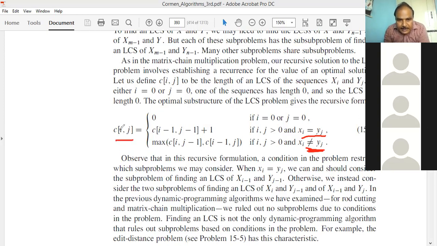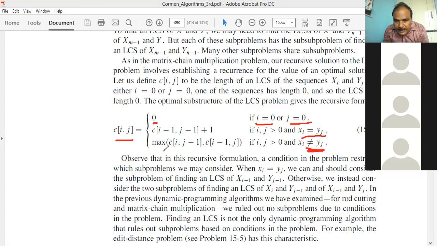See, when i equals 0 and j equals 0, put a 0. That's what I did. So when i and j are greater than 0 and xi is equal to yj, the formula is C[i-1][j-1] plus 1.